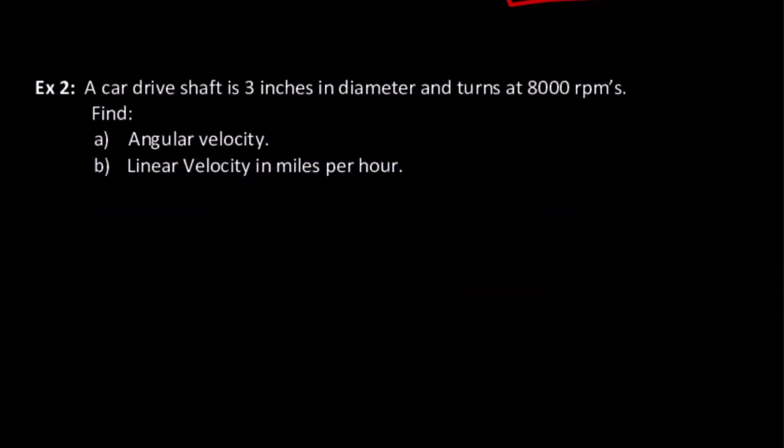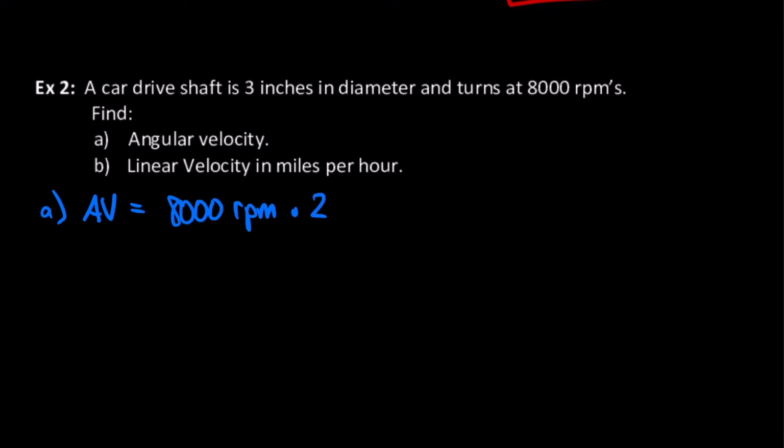Our next example. A car drive shaft is 3 inches in diameter and turns at 8,000 RPMs. Find A, angular velocity, B, linear velocity in miles per hour. Okay, once again for A, angular velocity is rotational velocity, 8,000 RPM. And it doesn't say what unit it wants, degrees or radians.